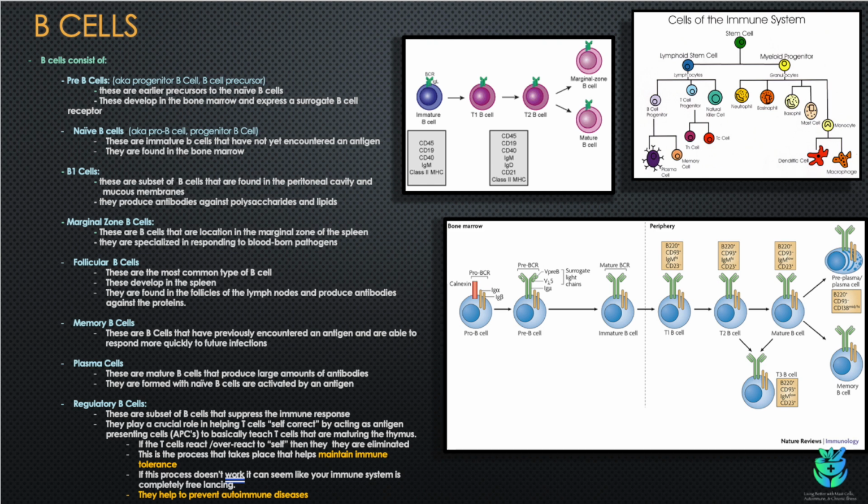This is the process that helps maintain immune tolerance. If this process doesn't work, it can seem like your immune system is completely freelancing. And they also help to prevent autoimmune diseases. And now remember, the major histocompatibility complex and the complement system all play into this.